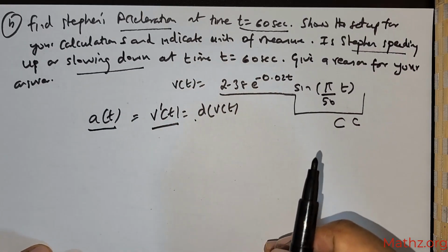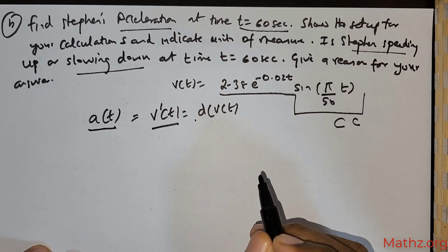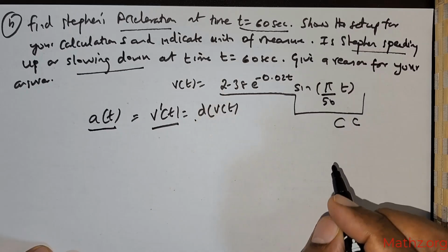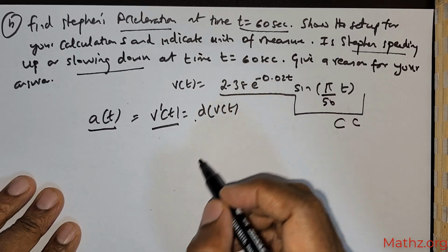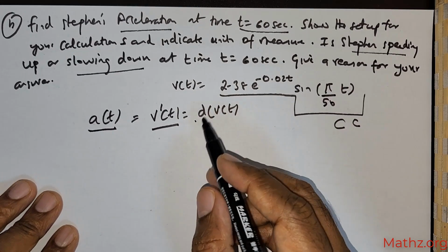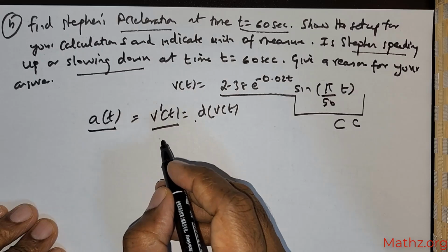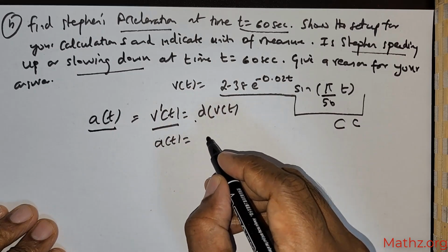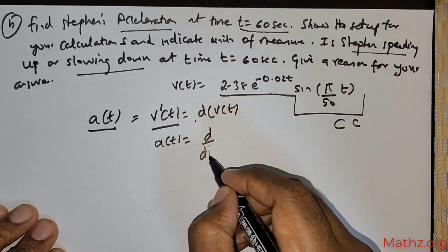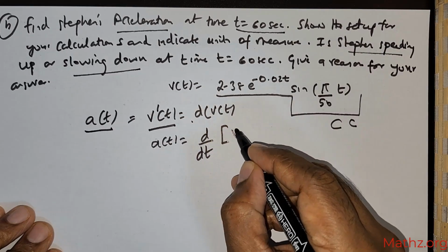Okay, but I do not have a computing calculator. So what I am going to do is show you how to extract the acceleration from the velocity. So foremost, acceleration a of t is nothing but d over dt of v of t.